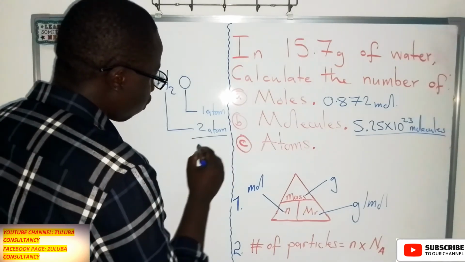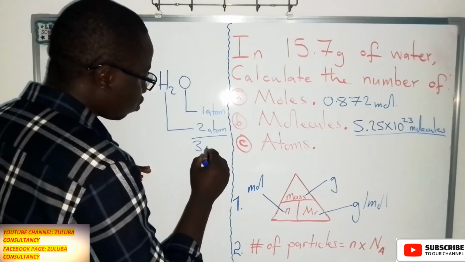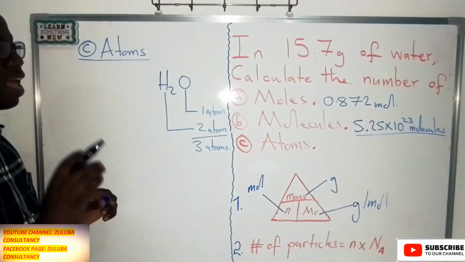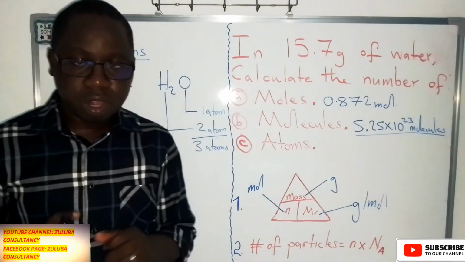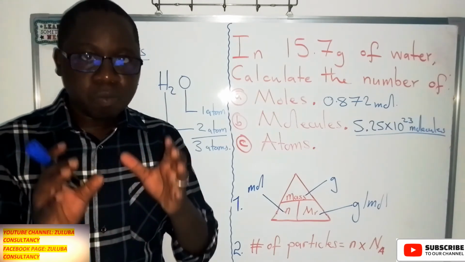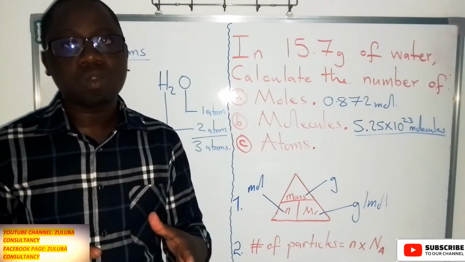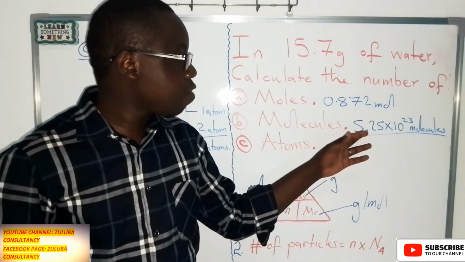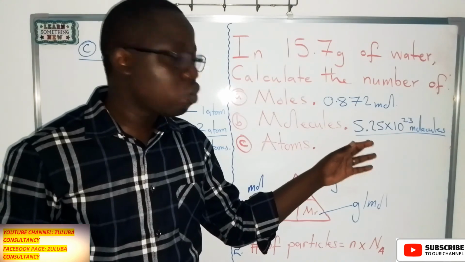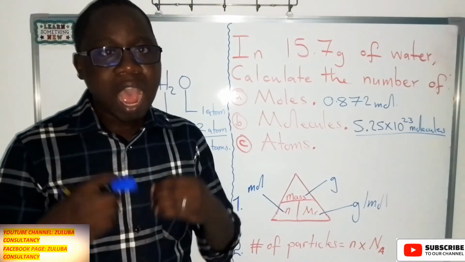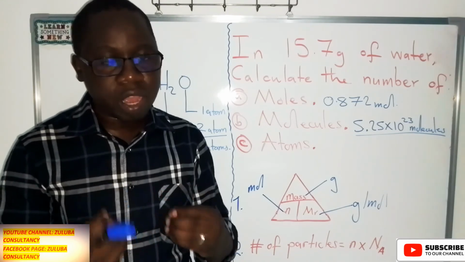In total, we have 3 atoms that are in the water molecule. Now, if each molecule has 3 atoms, and we have 5.25 times 10 to the power 23 molecules, how many atoms then do we have?